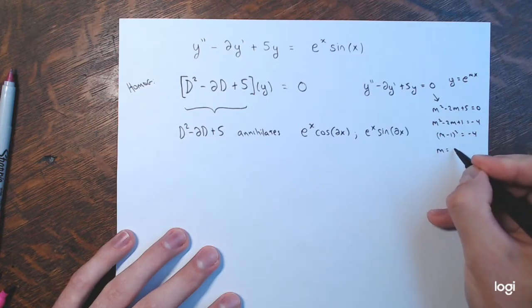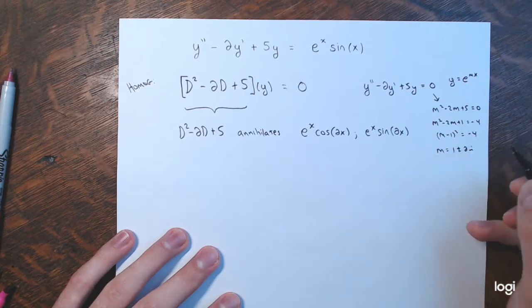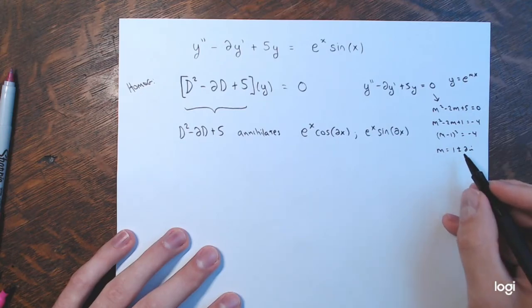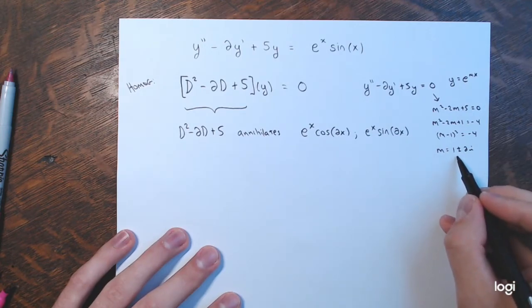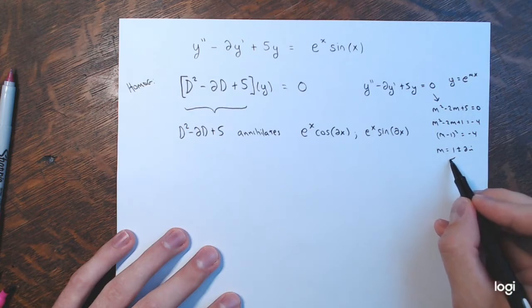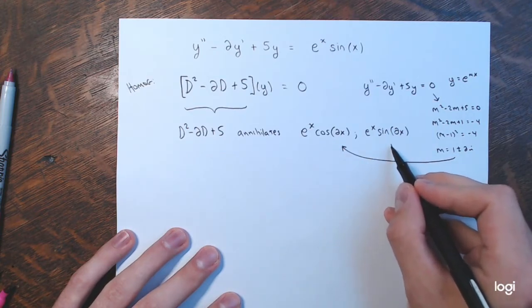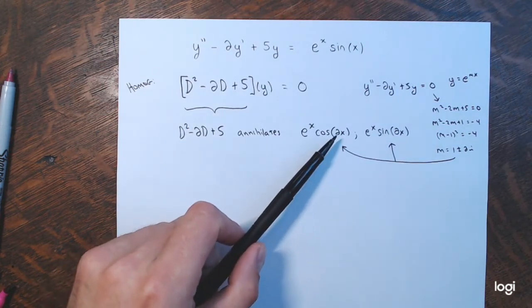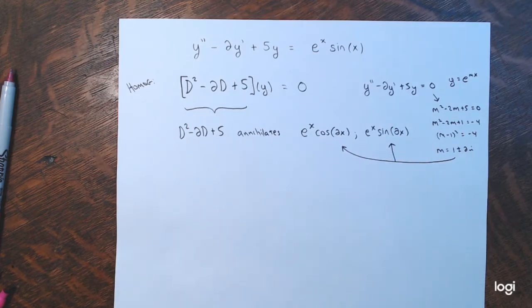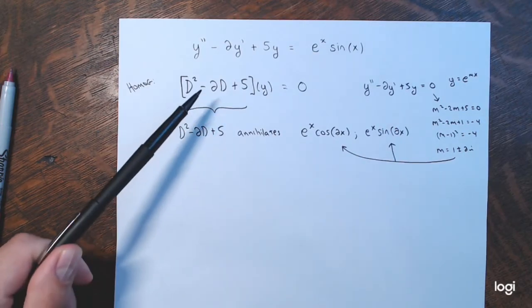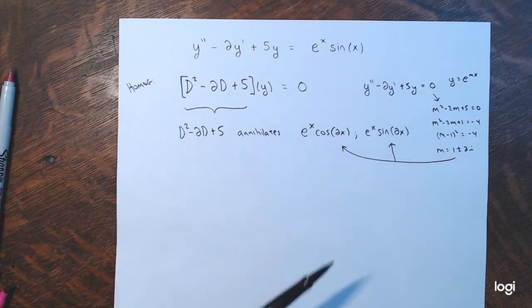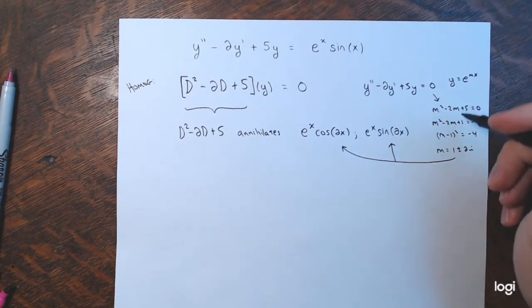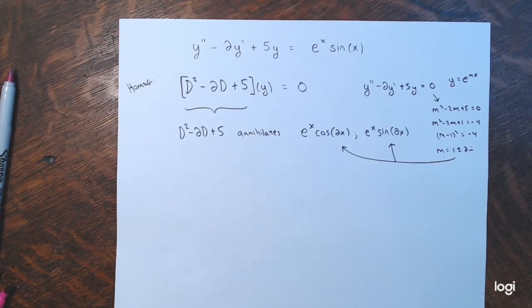So m equals 1 plus or minus 2i, and you remember the fundamental solutions coming from such complex conjugate solutions to the auxiliary equation would be e to the x times cosine 2x and e to the x times sine 2x. So if you don't recognize the annihilator, you can always solve the homogeneous equation with constant coefficients the way that I have in past videos with the auxiliary equation.